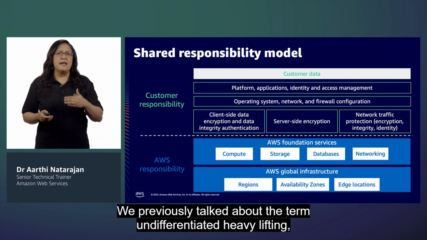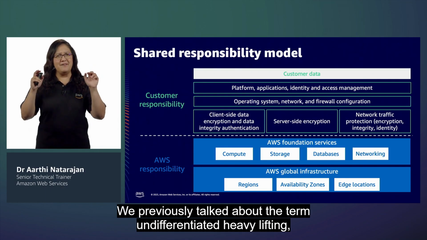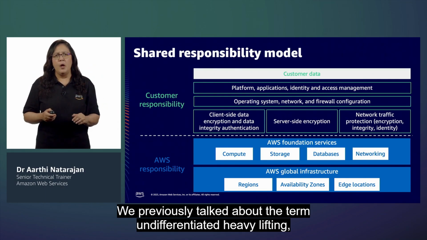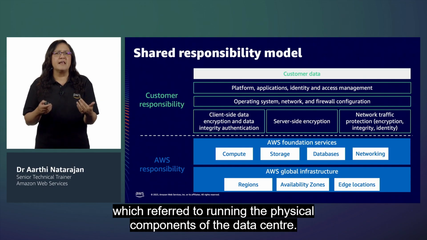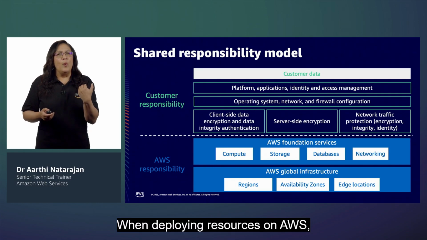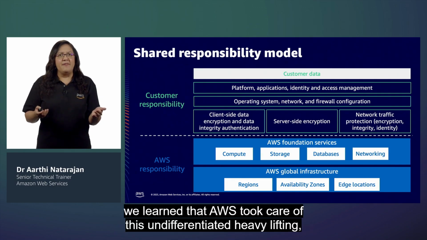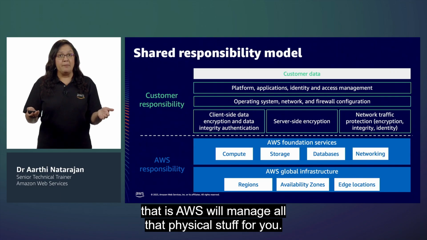We previously talked about the term undifferentiated heavy lifting, which referred to running the physical components of the data center. When deploying resources on AWS, we learned that AWS took care of this undifferentiated heavy lifting. That is, AWS will manage all that physical stuff for you.